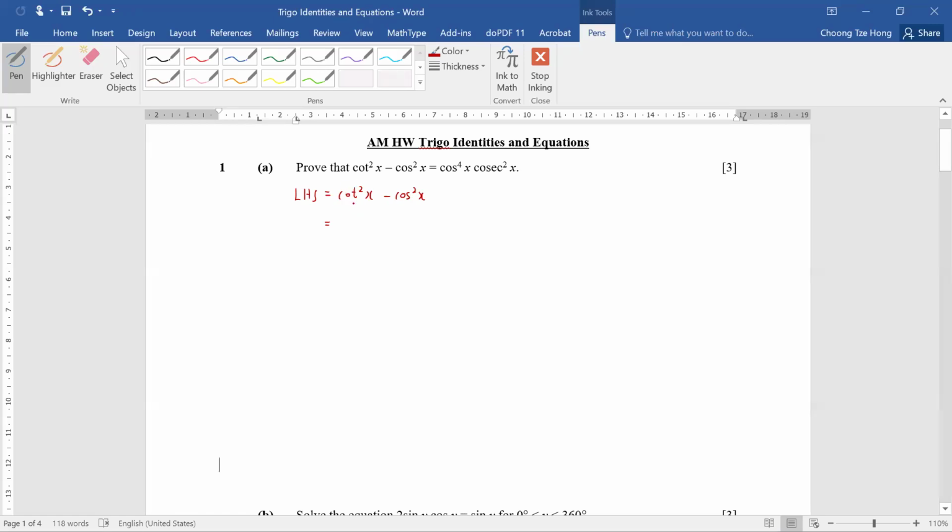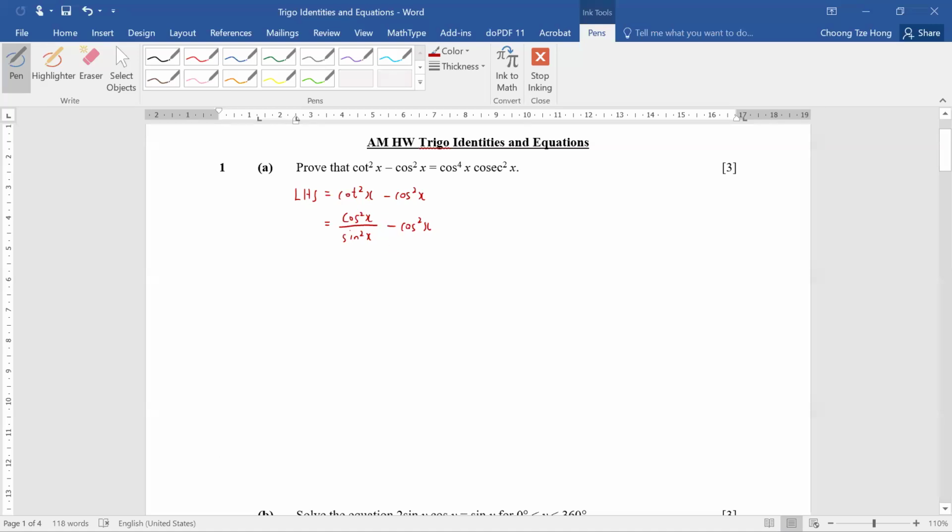So let's try to convert cotangent square x to be in terms of sine and cosine. We know that cotangent is cosine over sine, right? So over here you will get cosine square x over sine square x minus cosine square x. So what can we do to combine this as one single expression?